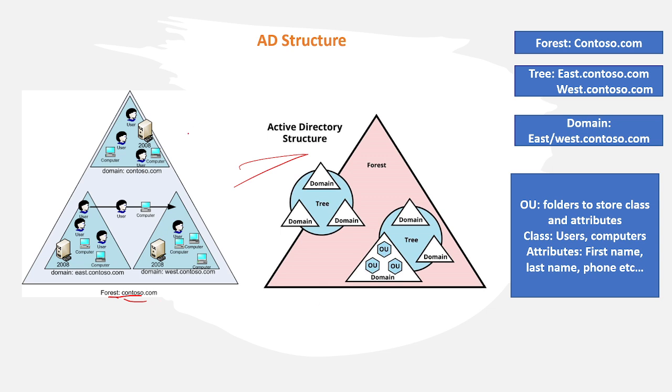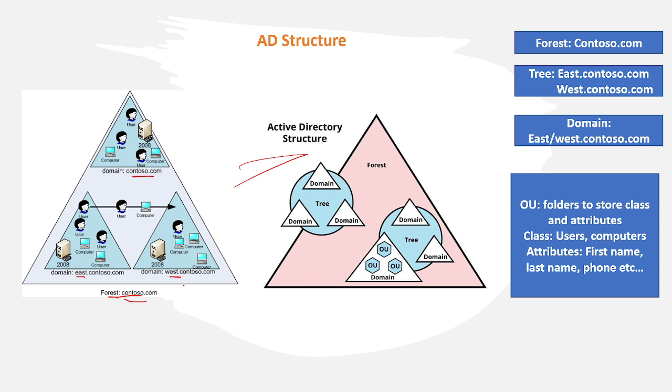The root domain is contoso.com, which is the forest name, and you have additional domains east.contoso.com and west.contoso.com. Altogether, these three domains we call a forest. Understood?